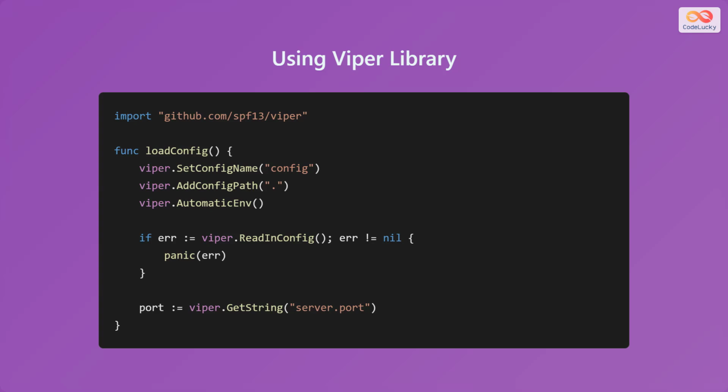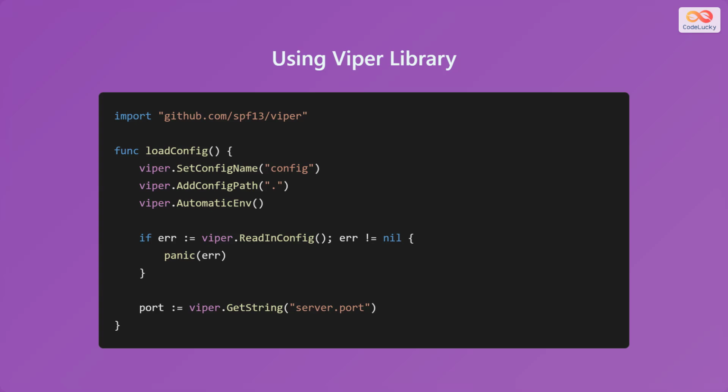For more advanced configuration management, the Viper library is the most popular choice in the Go ecosystem. Viper provides a complete configuration solution that supports multiple file formats, environment variables, and remote configuration systems. The loadConfig function demonstrates basic Viper usage. First, we set the configuration file name using SetConfigName. Then, AddConfigPath tells Viper where to look for the configuration file.